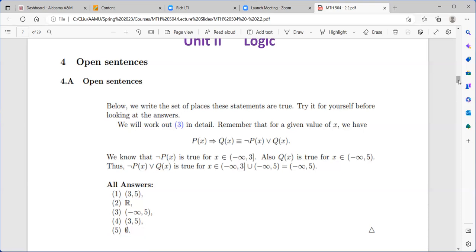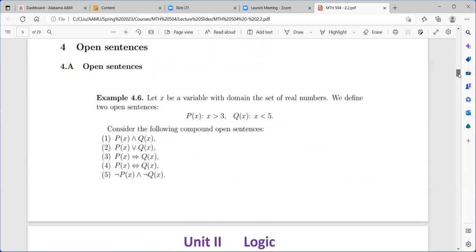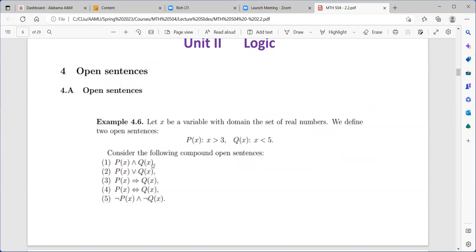For example, if you try to work out the first open sentence, you want to know when this open sentence is true. So in that case, we are taking the conjunction.